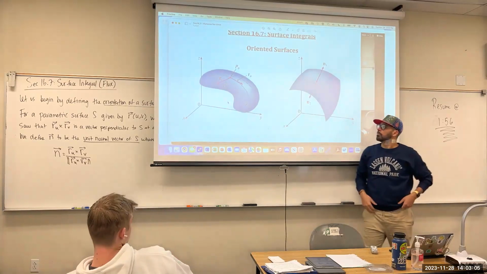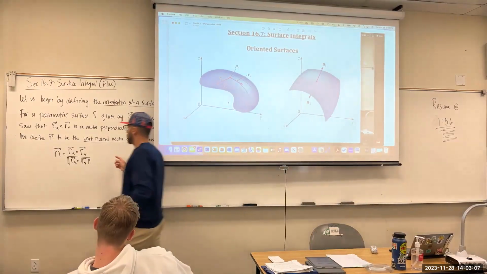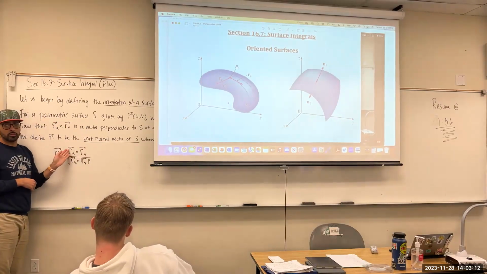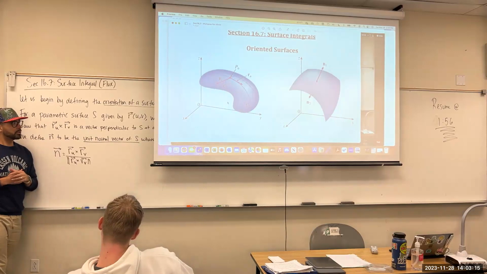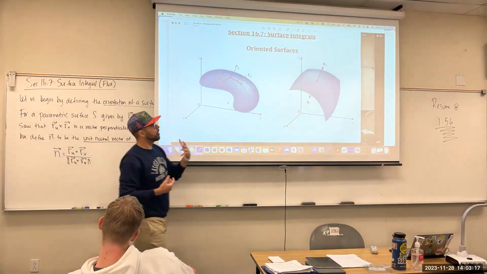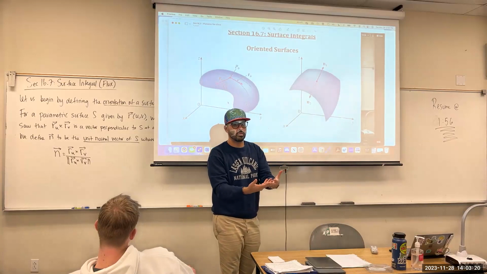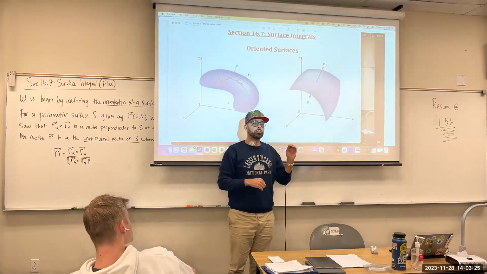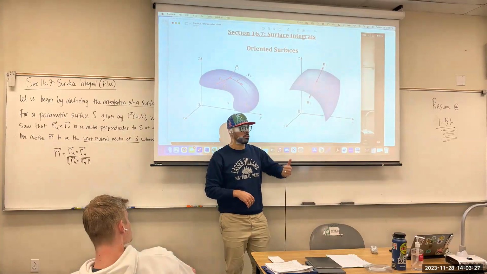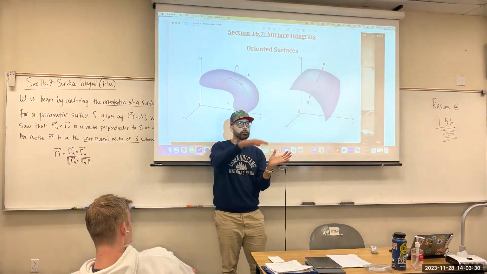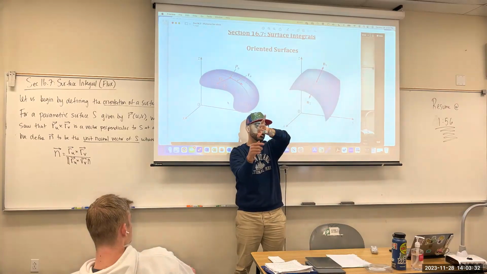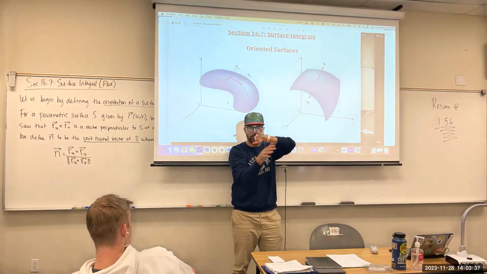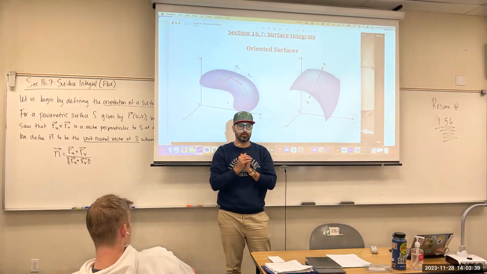But this is what we're going to be using. It can have two directions, depending on the cross product that you end up getting. Normally on the homework, they're going to specify the orientation they want you to use. Literally, they'll say, use the orientation so that your normal vector points upwards, or if the surface is sideways, it'll say the orientation points towards the y-axis. They'll really describe the direction they want you to use.